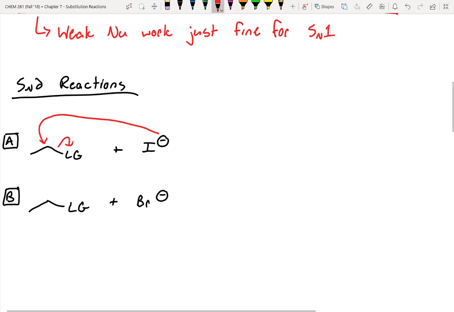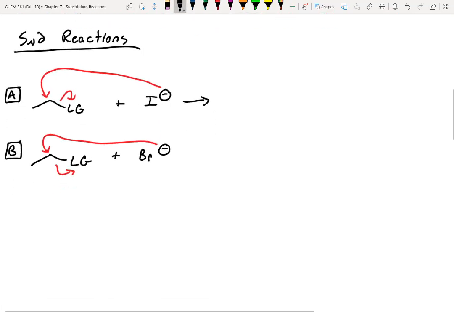Just like we said, it's going to attack the backside of that carbon. So I like to show that with my reaction arrow. Do the same thing with bromide. Kick off the leaving group. And now we've got I minus. Sorry, the iodide has attacked, and the leaving group is leaving group minus. Then for the bottom one, I'll have the leaving group falling off with a negative charge.